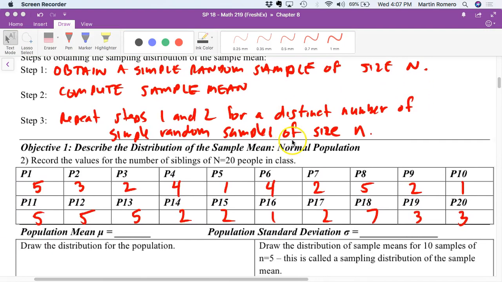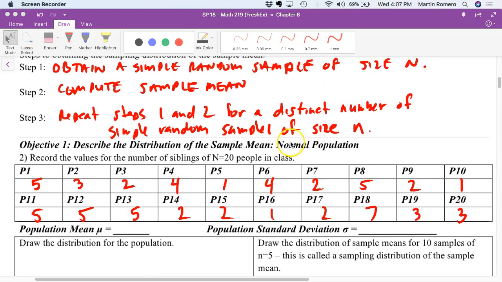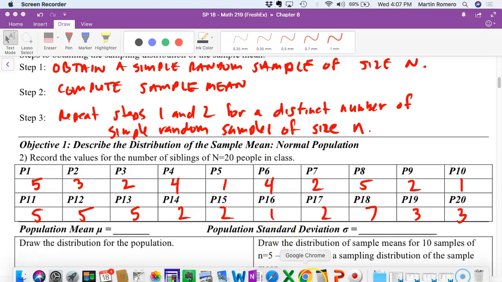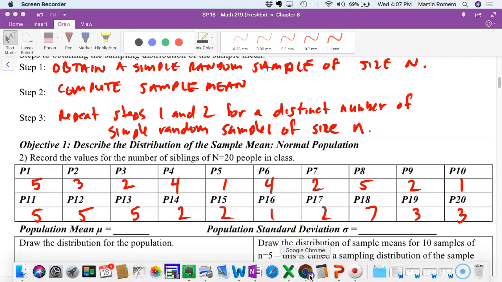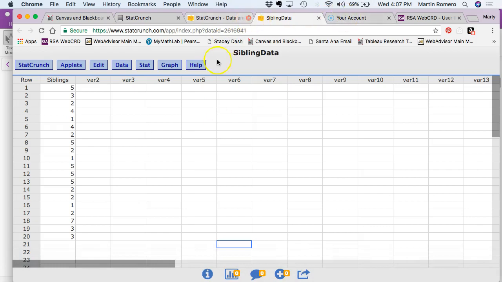Now let's take a look at some sample data. In class, I'll do this and give you this information. This information comes from the survey we did on the first day of class, where I asked you for some data and I collected it. I picked a sample of 20 people. Let's assume this is the number of siblings from 20 students in our class.